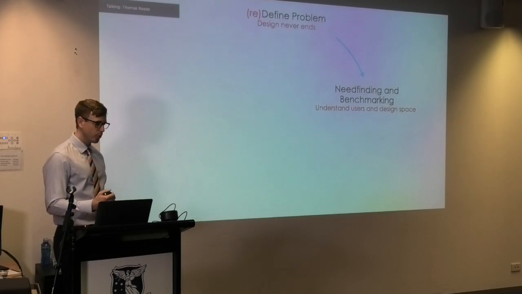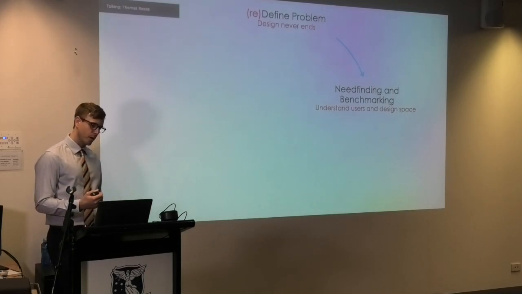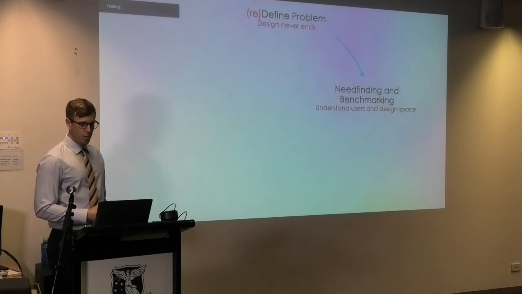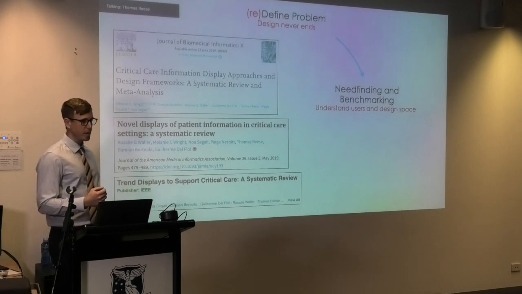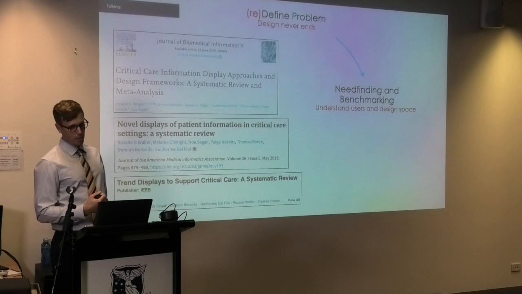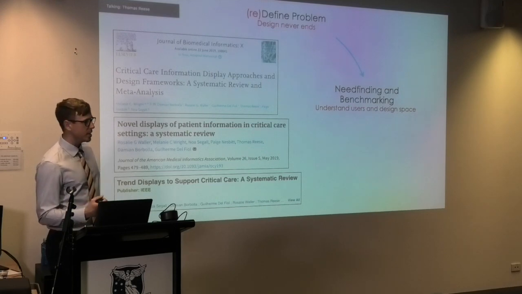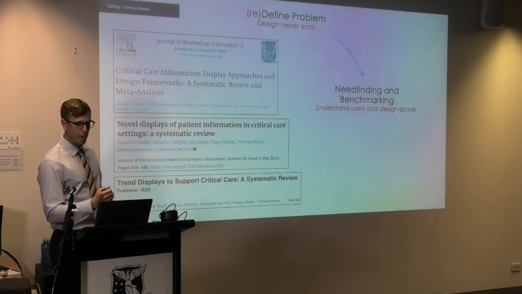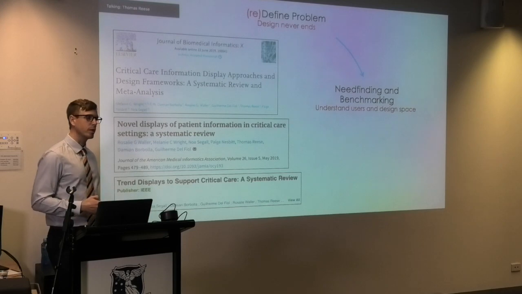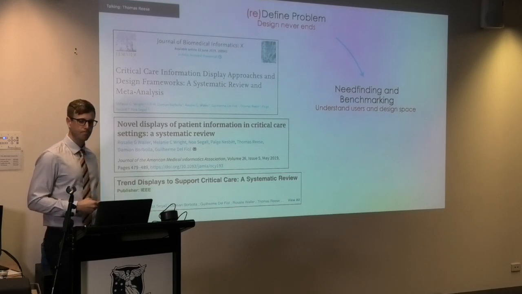So I'm going to briefly go through each step of the process and give you just a peek into the theory that we used. First, we needed to understand the space. The way we did this was through systematic reviews of the literature. We evaluated critical care displays in simulation, displays that were implemented for patient care, and also displays for trend information.